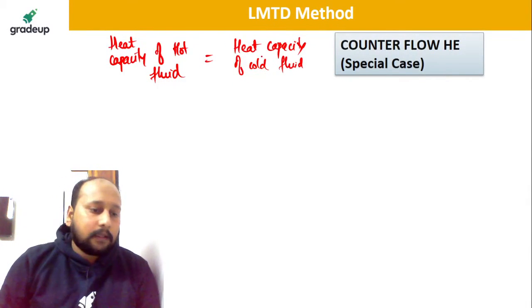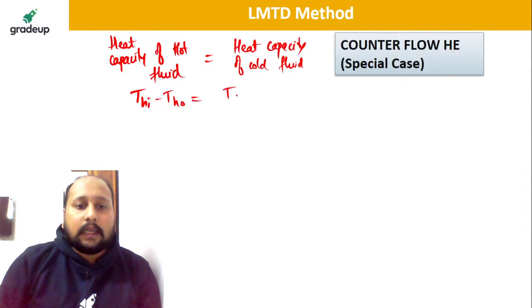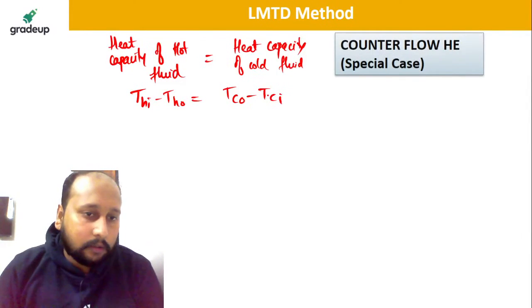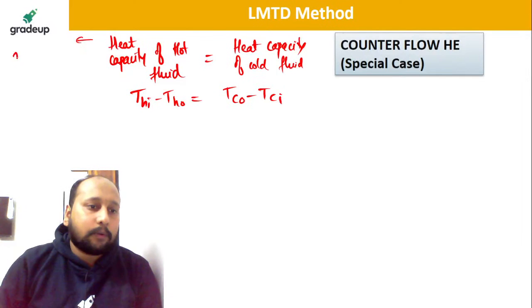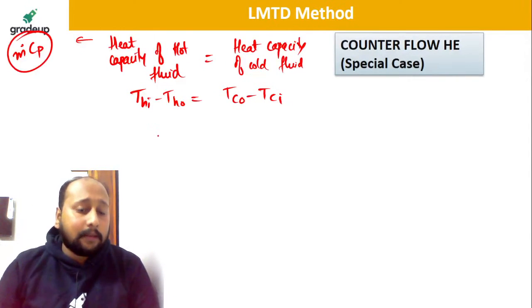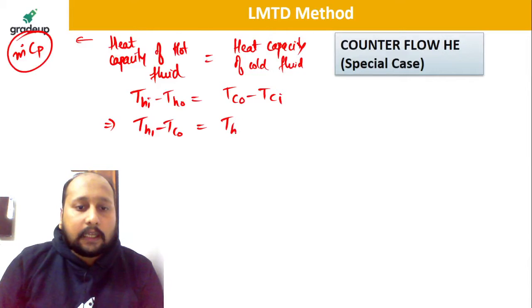If this is happening, then definitely we can say THI minus THO is equal to TCO minus TCI, because both m dot Cp will be cancelling out. Because what is heat capacity? This is the product of mass flow rate and specific heat. By energy balance, we can cancel out, and ultimately we are getting this result. Or we can say THI minus TCO is equal to THO minus TCI. This is nothing but delta Ti and this is delta To.